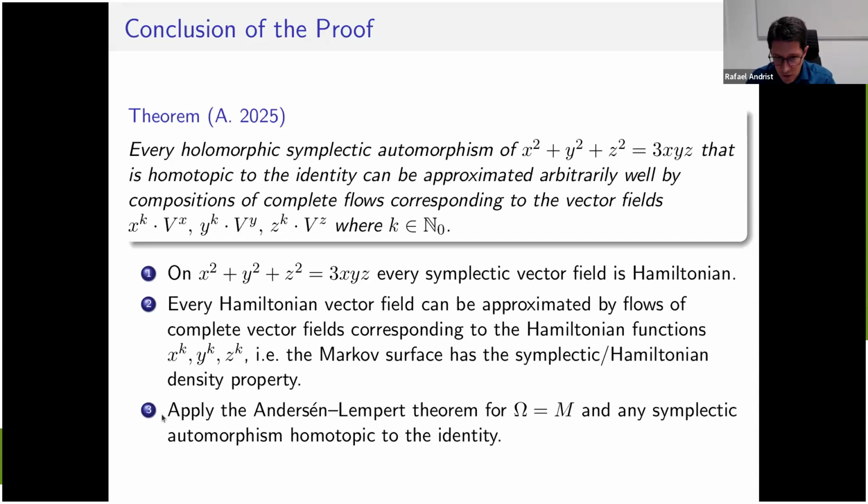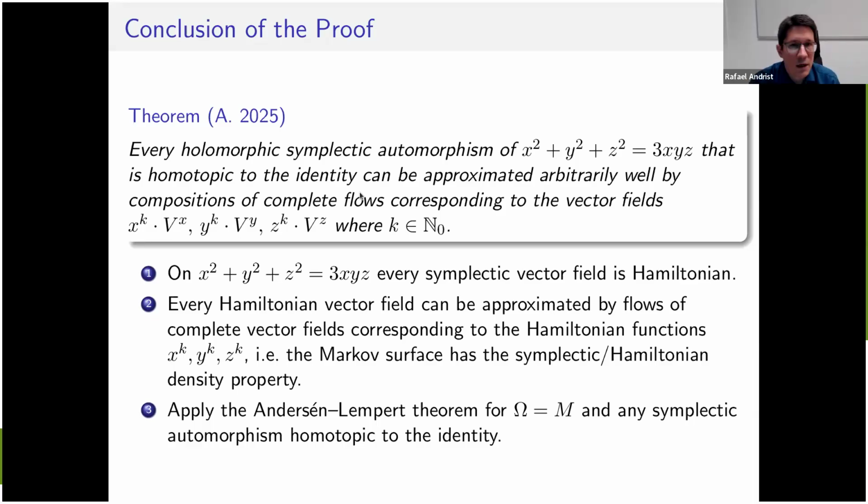And then we use the Andersén-Lempert theorem from the previous slide, applying it to an automorphism, and we choose omega equals M, as I explained. And then we get this result that the flows of these Hamiltonian vector fields with Hamiltonian x^k, y^k, z^k approximate any automorphism that is connected to the identity. Okay, so this proves this theorem here.